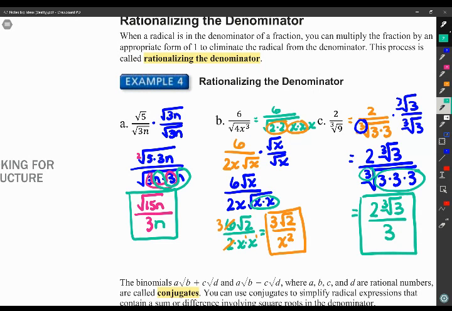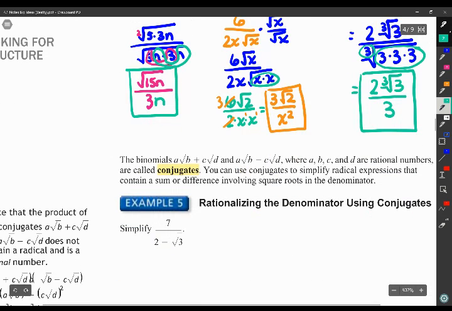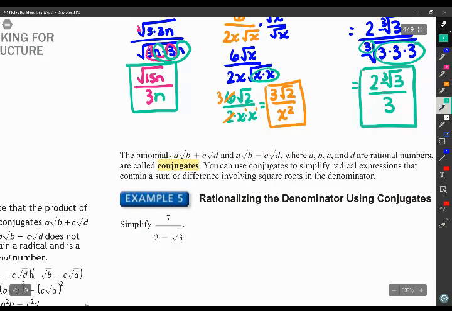So when it's one term, it's not a monomial because it has a fraction exponent. But when you have one term underneath the radical, underneath the division bar, then I can just multiply by the top or the bottom. But the next thing we're going to talk about is when you have 2 terms.